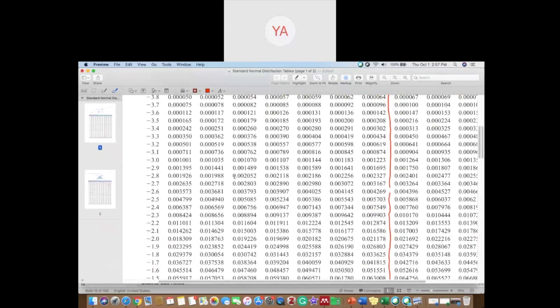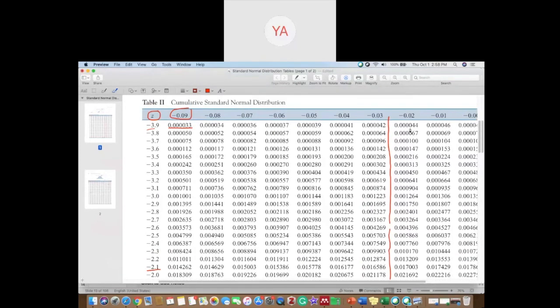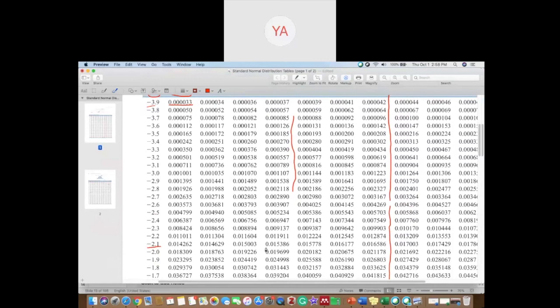Now this is my minus 2.1. The next digit is the 6, which means 0.06. So I come here, this is my 0.06, and the value I have is 0.05386. This is my value.